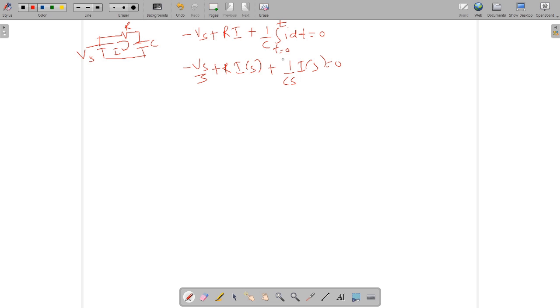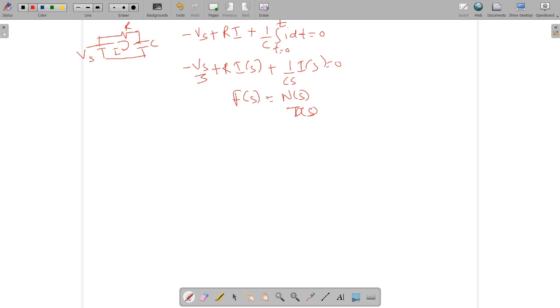Now, if I want to write the network function for this, I have to write F of s equals N of s upon D of s. This N of s is the numerator of the network function and D of s is the denominator of the network function.